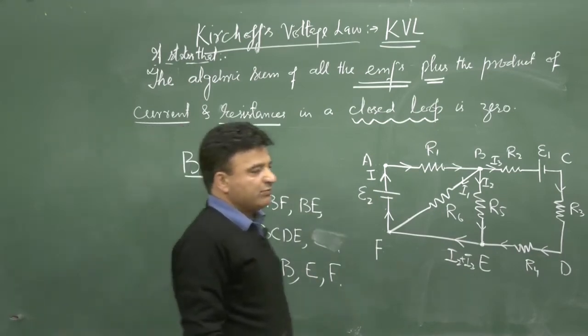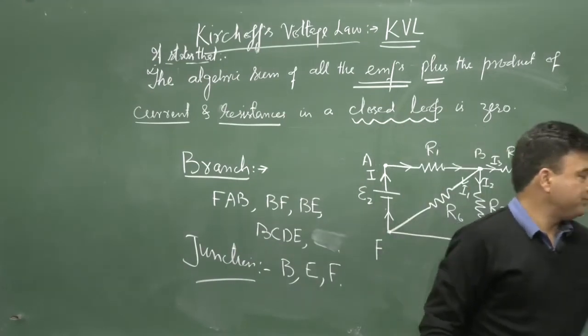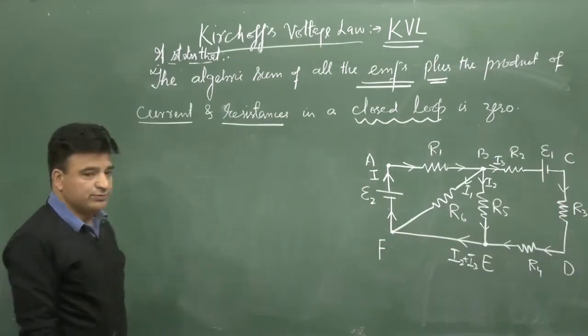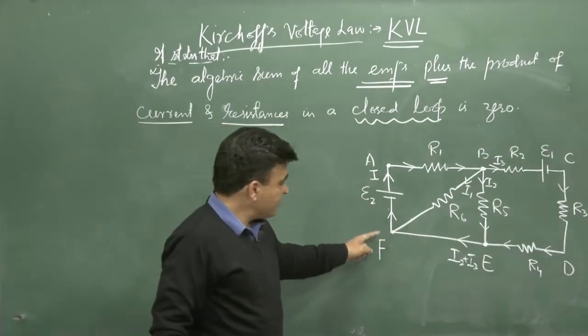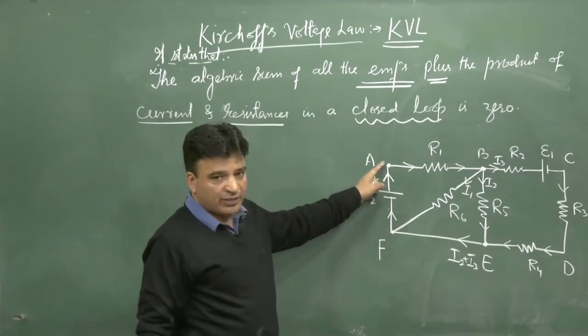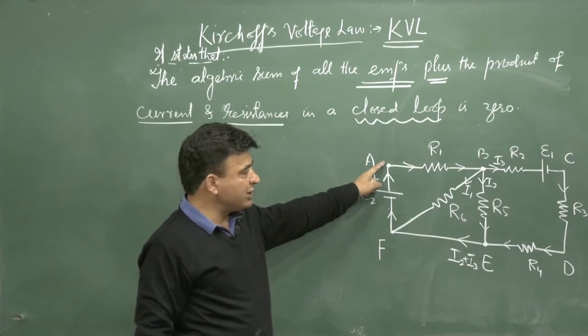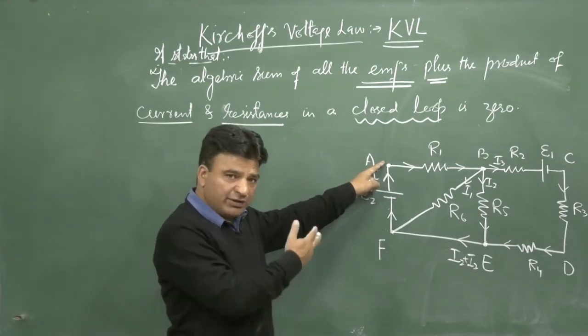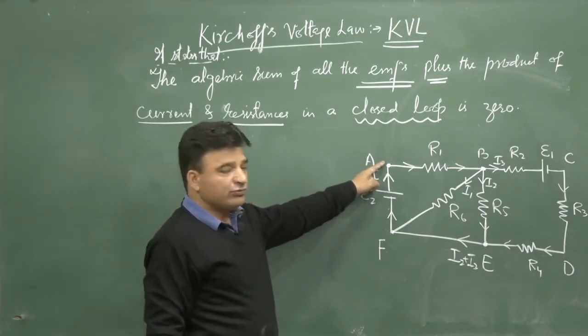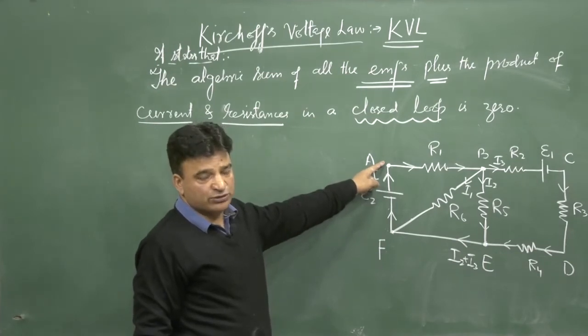Now let us talk about the loop, the closed loop. Let us start from point A. If we start from point A, move along the circuit and reach point A again, then we say that we are moving in a closed loop.